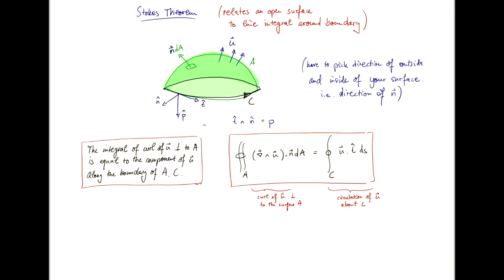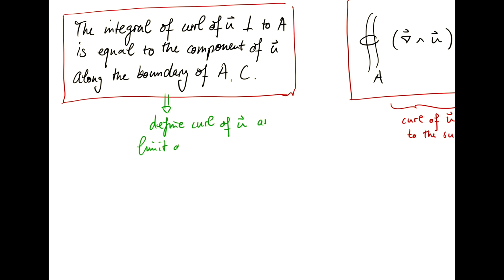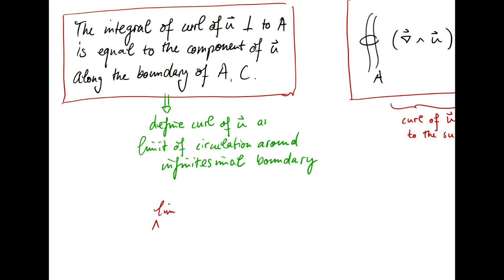And this is actually a way that you define what the curl is. You define the curl of U as the limit of the circulation around an infinitesimal small boundary. So we would write the limit as A goes to 0 of the integral where dA is the same as n dA. So the assumption is that in the limit of a very small surface A, the curl doesn't vary very much, and so you're left with just a constant here.